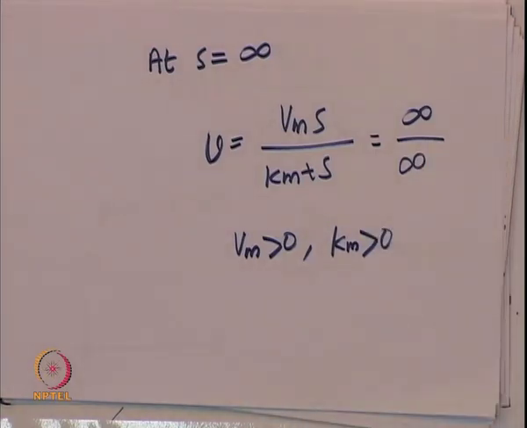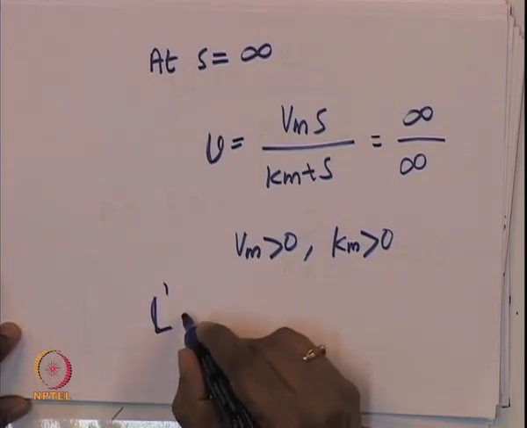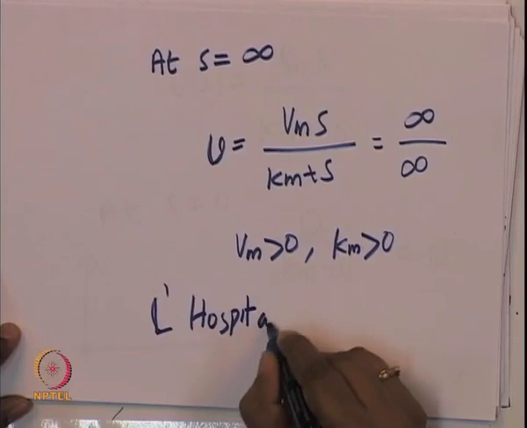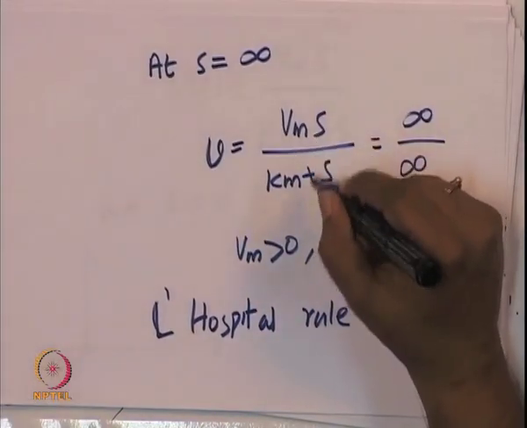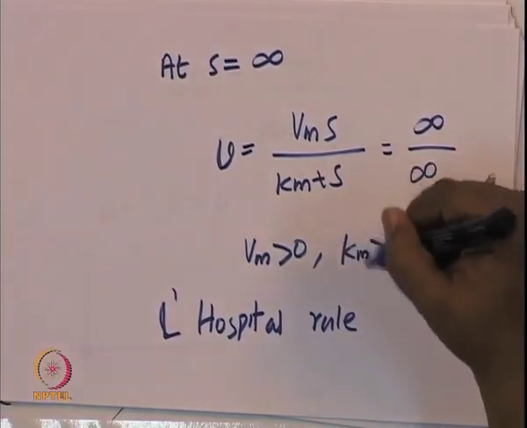Whenever we have such an infinity to infinity form, the rule we discussed is L'Hospital's rule, which is to find the derivative of the numerator and denominator, and then substitute the value of s.